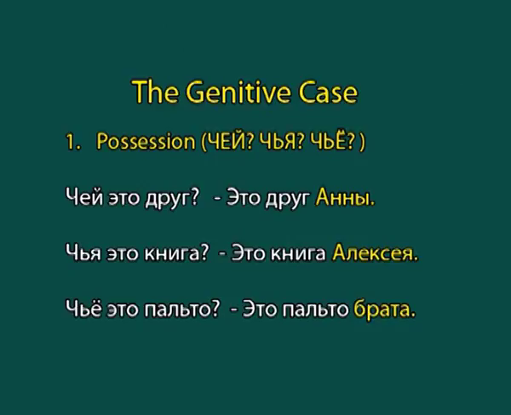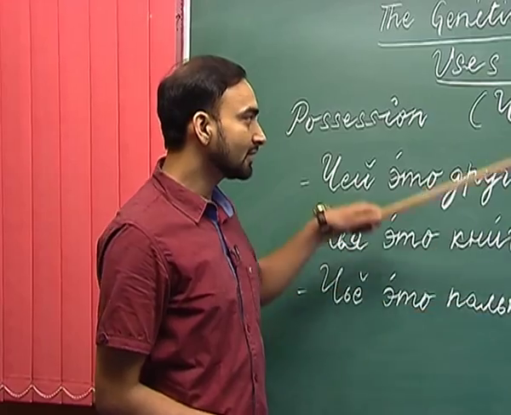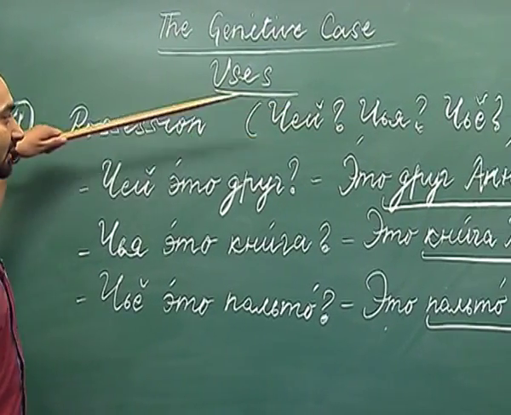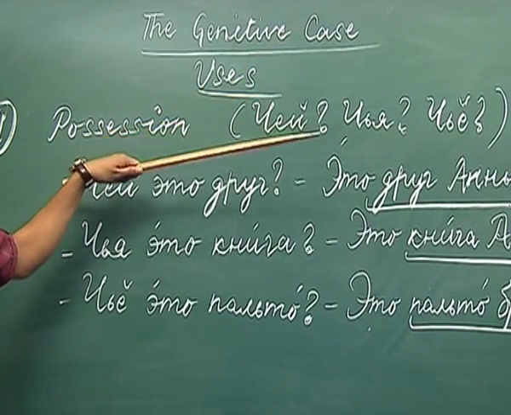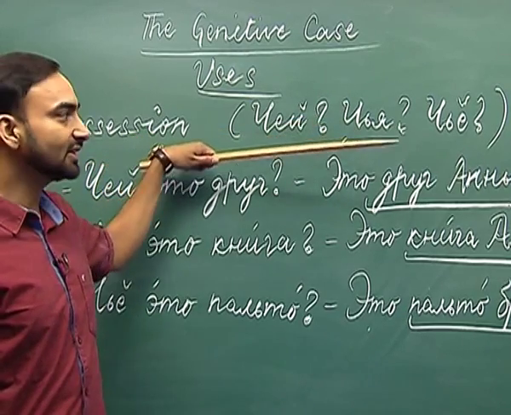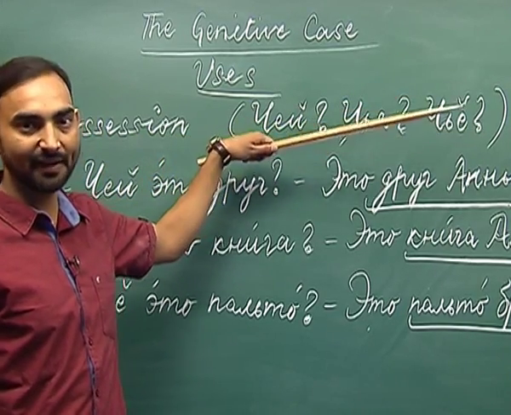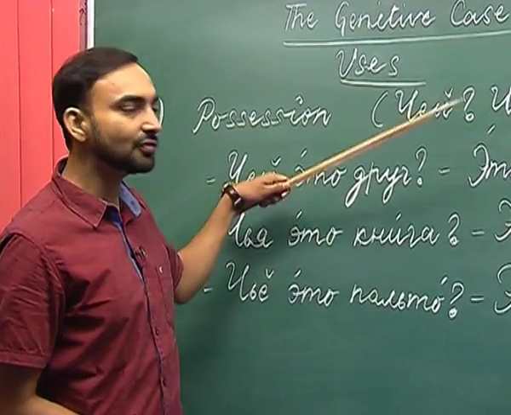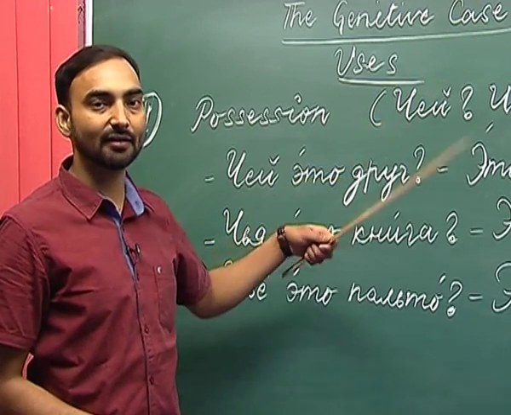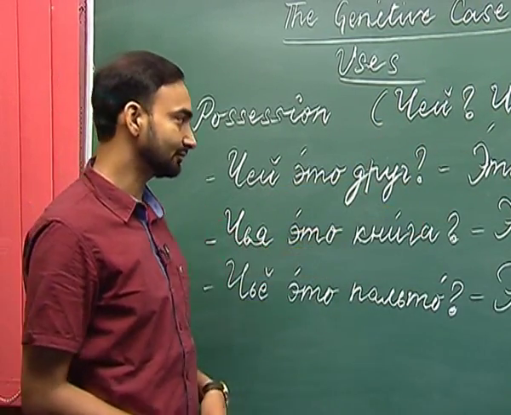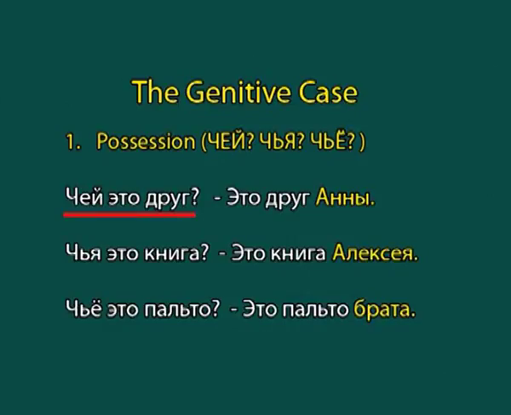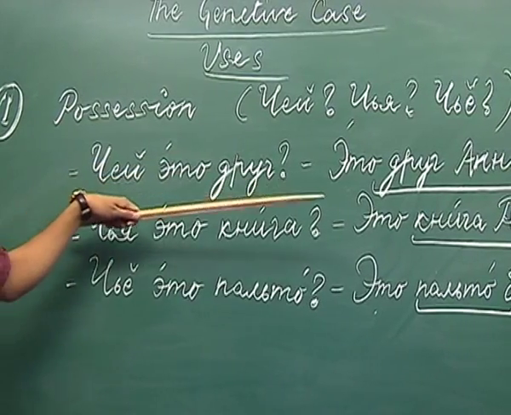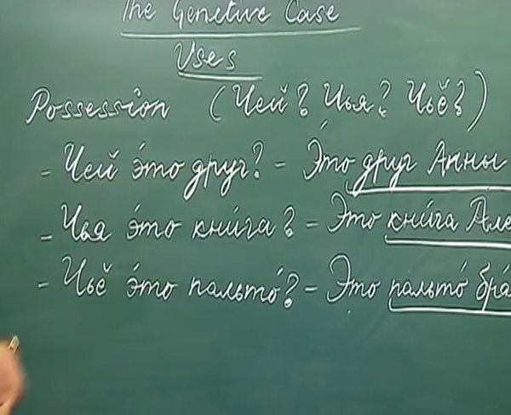I have already told you that it is used to denote possession, and the question that nouns in the genitive case answer is чей, чья, чьё, which means whose. Obviously, when you denote possession, you will ask whose is something, and then the person will answer this is someone's something. For example, Чей это друг? Whose is this friend?